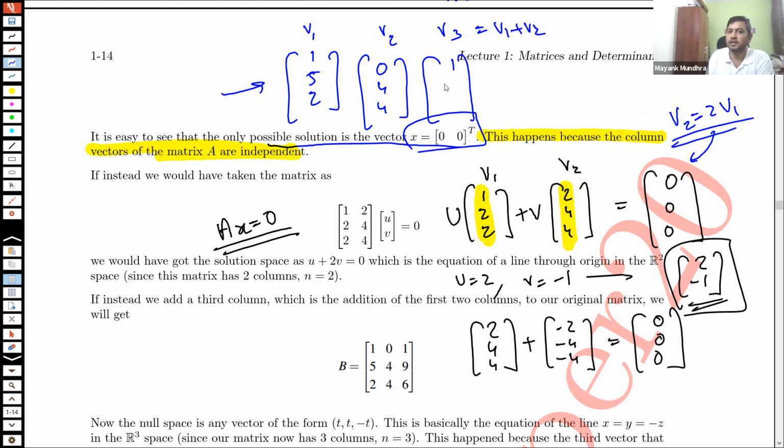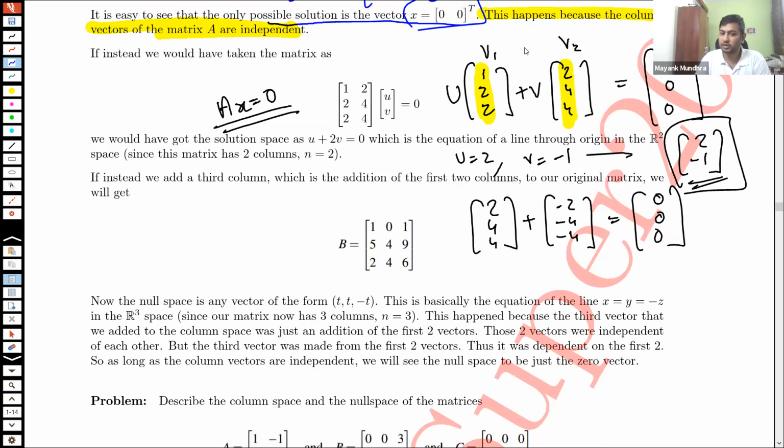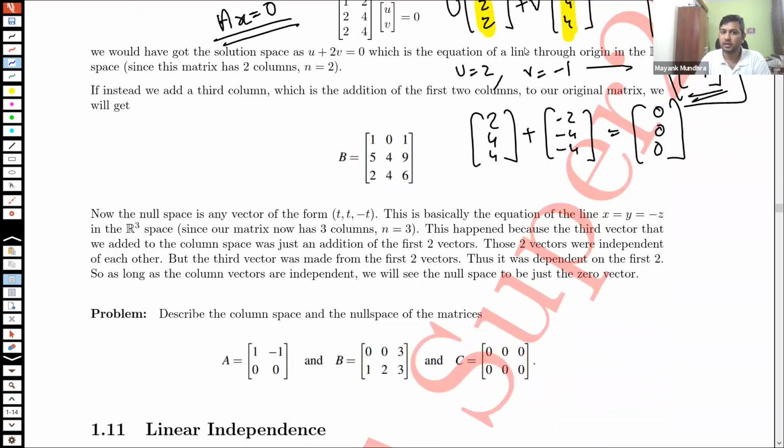So it's going to be 1, 9, 6. The third column is generated using the first two columns, so it is dependent on them. That's the dependency which connects these three column vectors. So the vectors are not independent because they are dependent on each other.